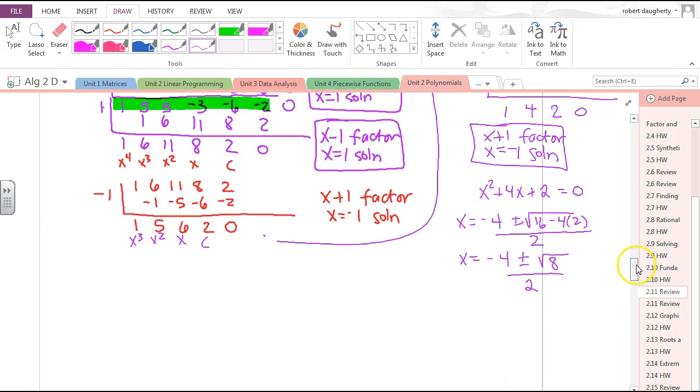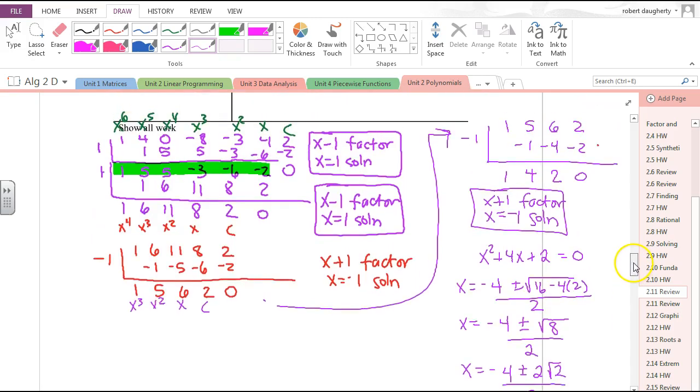And this is x equals negative 4 plus or minus 2 root 2 over 2, which is negative 2 plus or minus root 2. Okay, so I now have all the solutions.